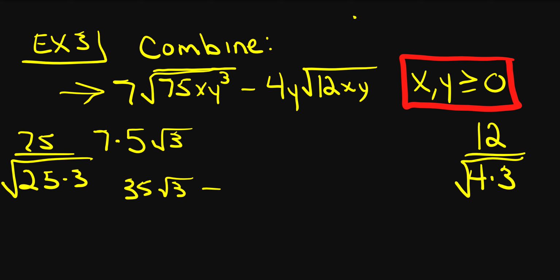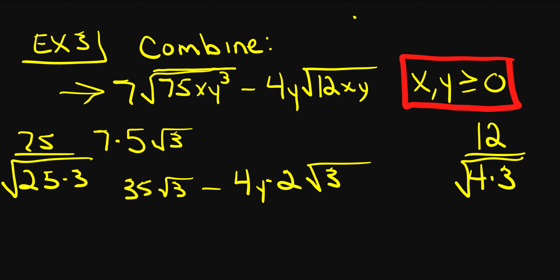Kind of gives me a little hint of what to do with that. Then the square root of 4 is 2, so this is going to be 2 root 3. And there I can see I've got my radicals that are going to be the same. And then this 4y is going to come down here because I'm going to multiply 4y times 2. All right, this is where I'm at thus far, taking care of the numerical values first.